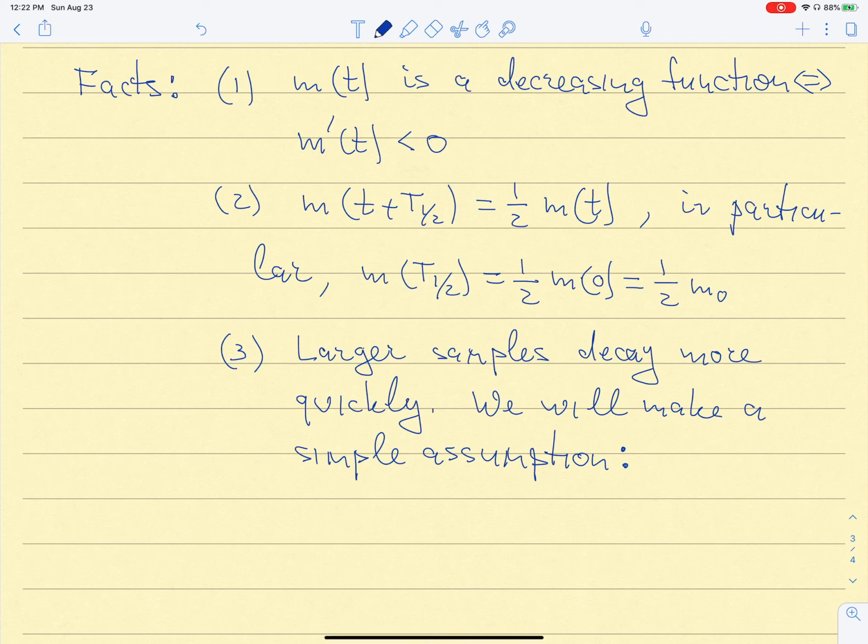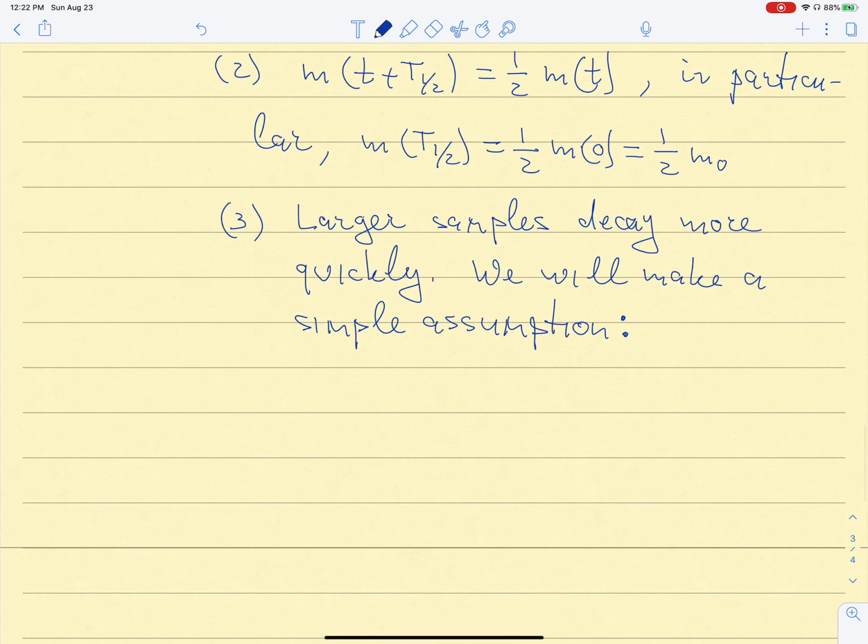Physics, again, says that the mass must decay quicker if it is larger. How do you measure the decay of the mass? So rate of decay, instantaneous rate of decay, which is given by the instantaneous rate at which mass is changing with time. So rate of decay is equal to m prime of t.